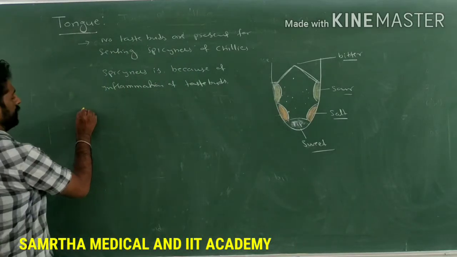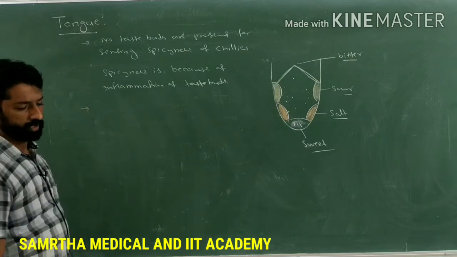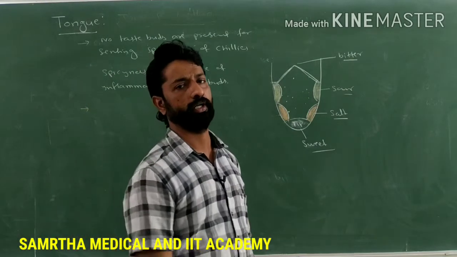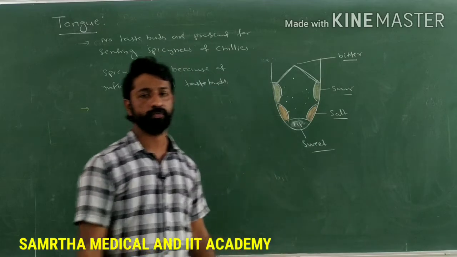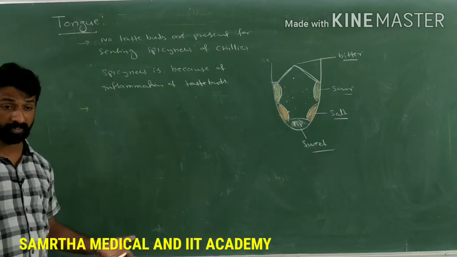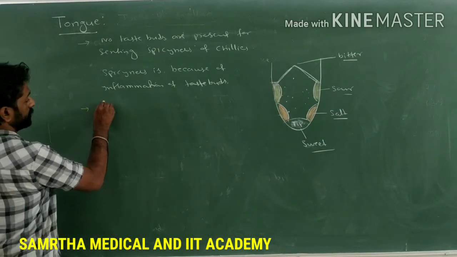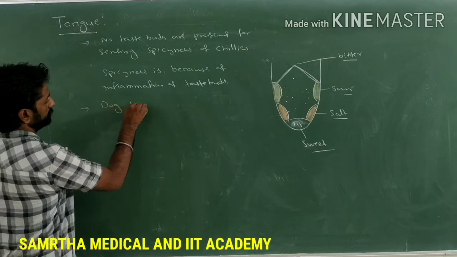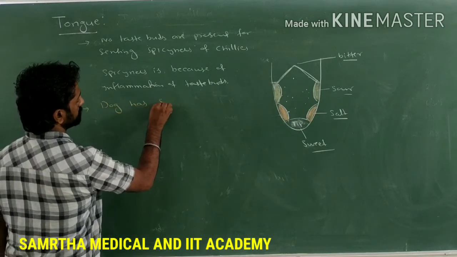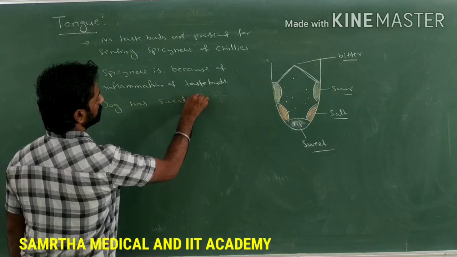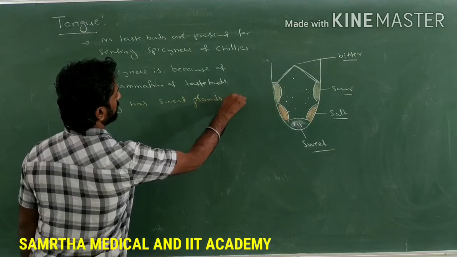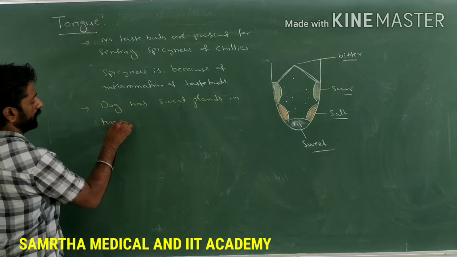Then one more very important fact is that on the surface of the tongue of dogs, sweat glands are present. So the dog has sweat glands in the tongue.